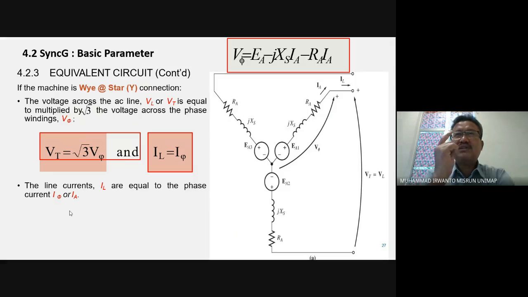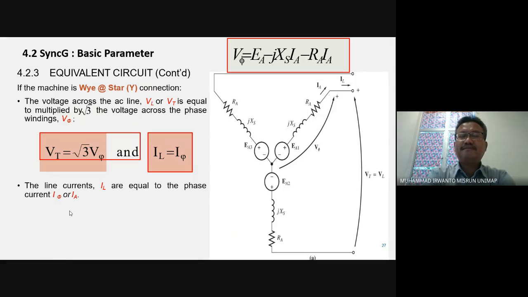The first is the Y connection, and the second is the delta connection. Normally we want to know the relationship between the terminal voltage and the phase voltage here.